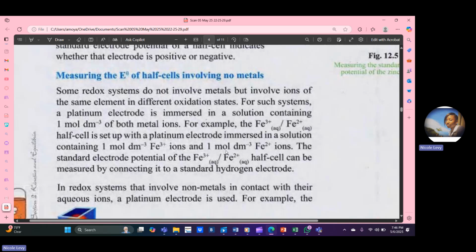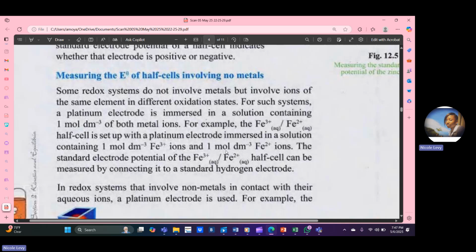So let's say we have ions instead of solid metal in the half cell. Let's say the two half cells only have ions that can accept or lose electrons. If we have the Fe3+/Fe2+ half cell, you must use platinum as the electrode because those are not solid metals now.